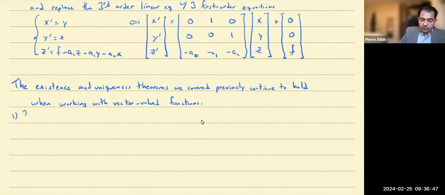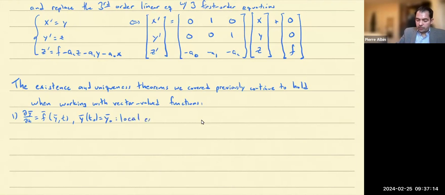Right? So first, suppose you have d y bar dt is equal to some function f bar of y bar, t, right? So this is the general case where there's no reason for it to be linear. This includes nonlinear. And let's set up the initial value problem. So you have y bar at time t naught is equal to y naught bar.